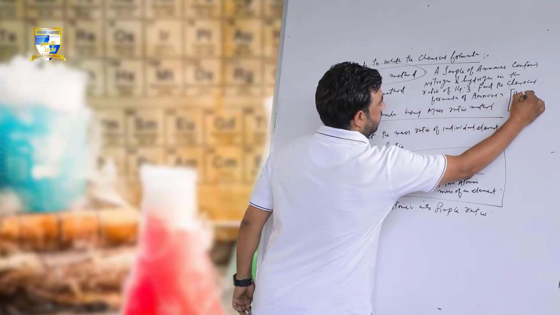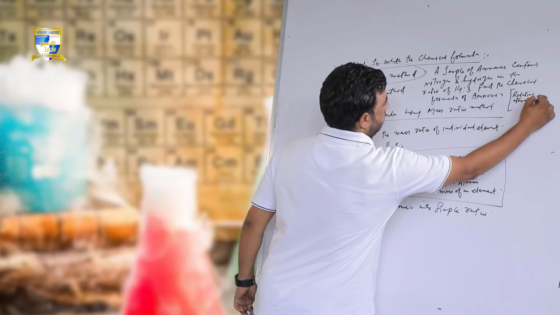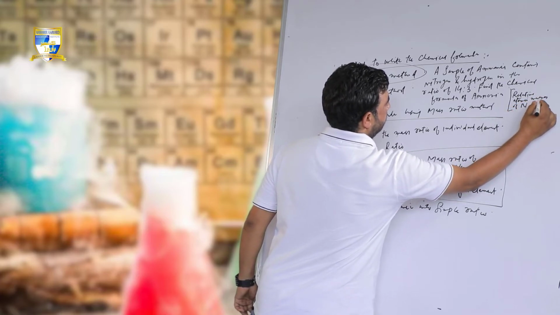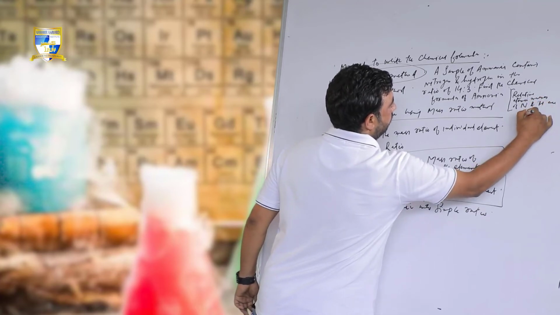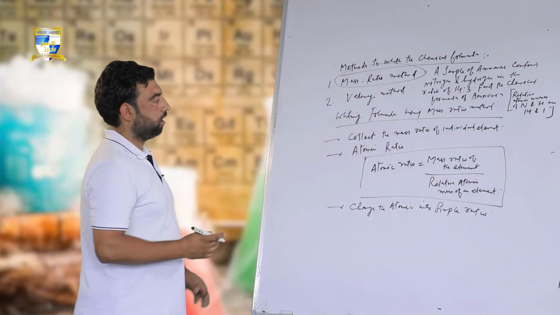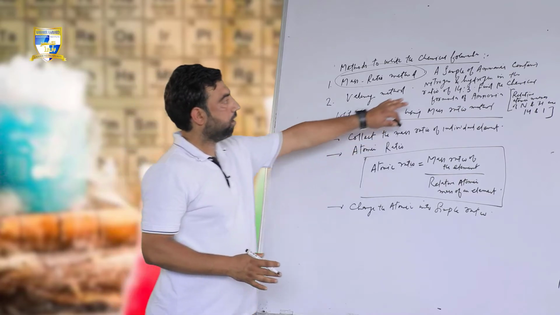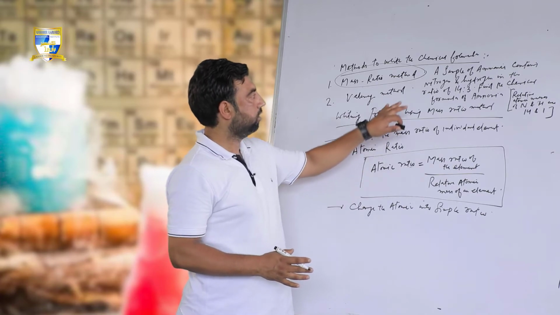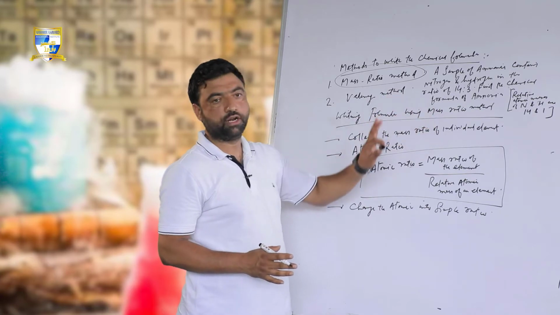The relative atomic masses of nitrogen and hydrogen are 14 and 1. Now I am going to apply all these points in this example, to make you clearly understand writing formulas by using the mass ratio method.